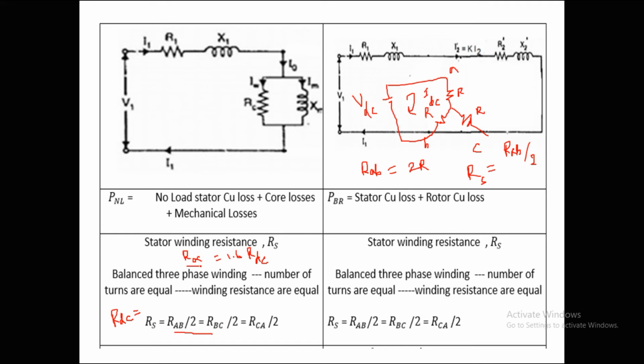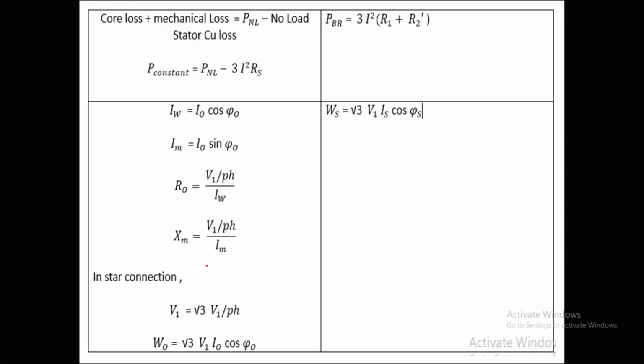It is similar to the RMS, root mean square value, that we used in AC circuits. So in the no load as well as the blocked rotor test, we require the stator copper loss. So we have to find the effective AC resistance while performing the no load as well as the blocked rotor test.